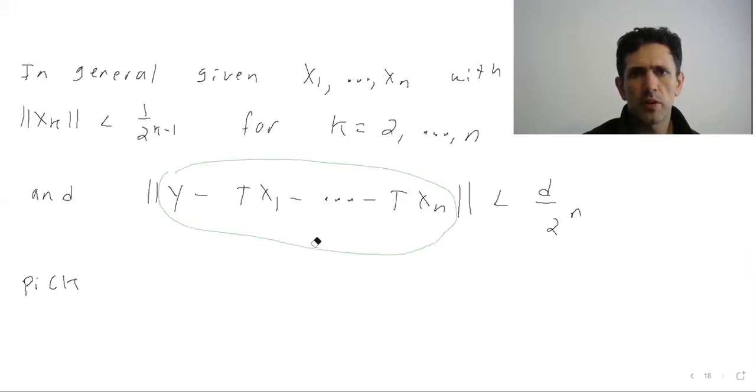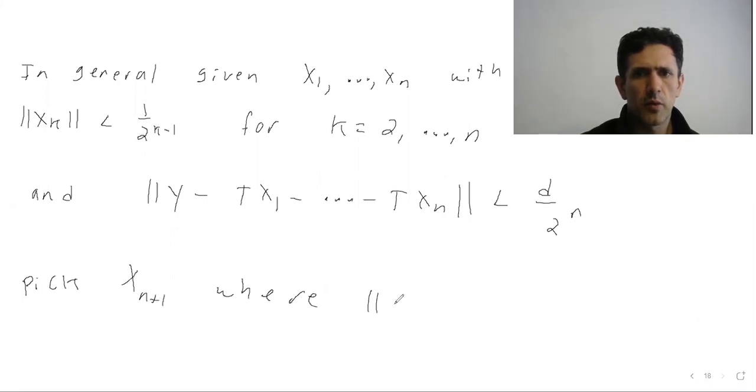So we pick xn plus 1, where the norm of xn plus 1 is less than or equal to d to the minus 1 times the norm of my target, which is exactly this here.